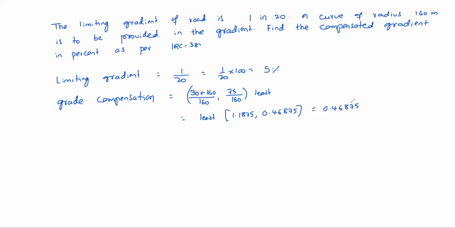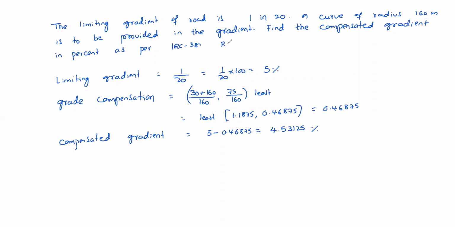Okay, so compensated gradient equals 5%, since 1 in 20 means 5%, minus 0.46875 equals 4.53125%. That is the answer.